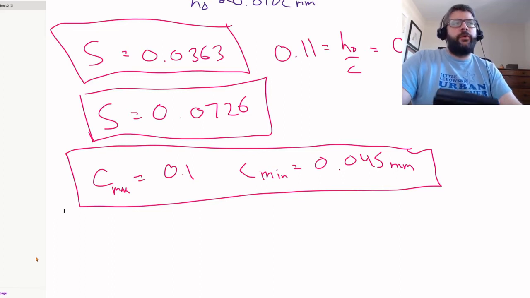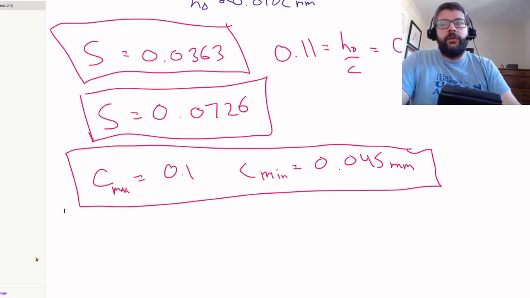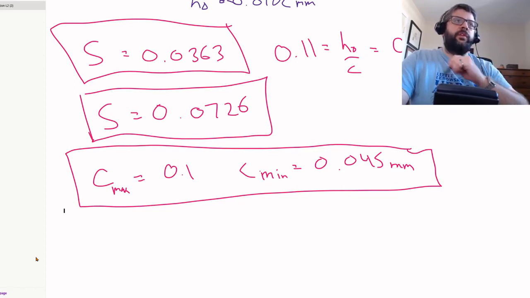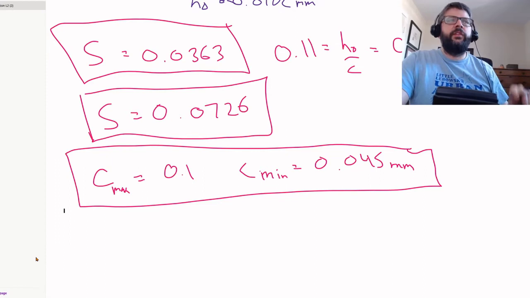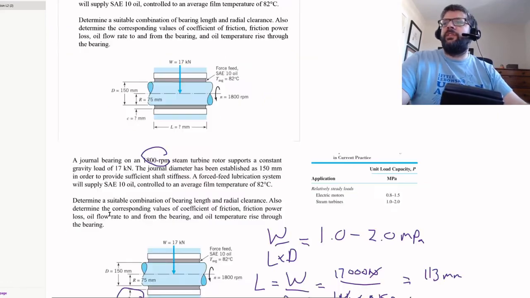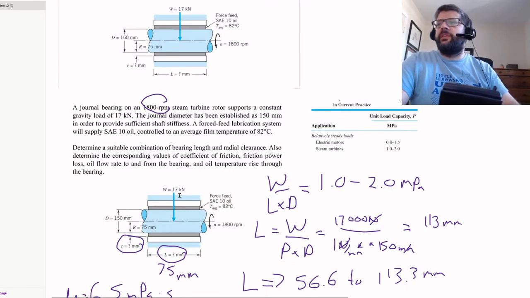If you didn't want to change the clearances, you could also adjust some other parameters. So you could, for example, use a different viscosity of oil. You could provide more cooling to the oil, so that the oil coming in ends up at a higher viscosity than based upon the average temperature in the bearing that was specified of the 82 degrees Celsius.